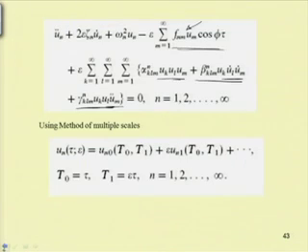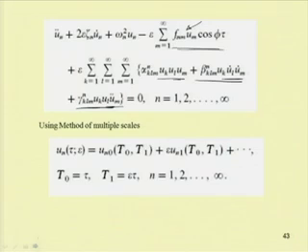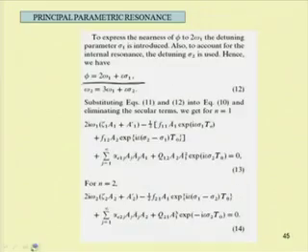So, in this particular example we have placed this attached mass in such a way that the natural frequencies of the system, that is the second mode natural frequency and the first mode natural frequency, are approximately in the ratio of 3:1. So, to take into account this approximation, we have taken this phi equal to 2 omega_1 plus epsilon sigma_1, and omega_2 equal to 3 omega_1 plus epsilon sigma_2.